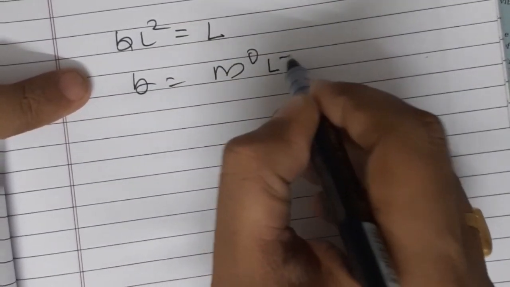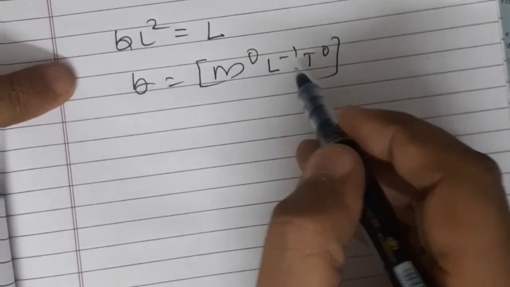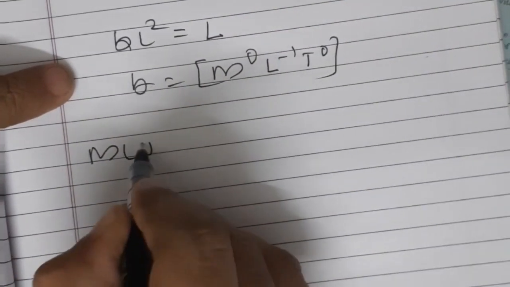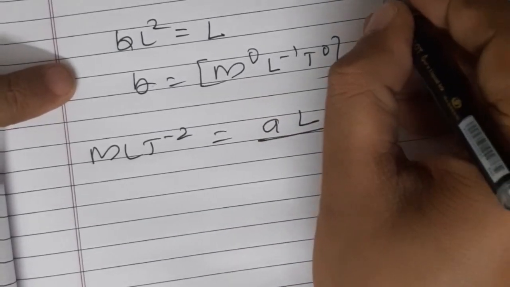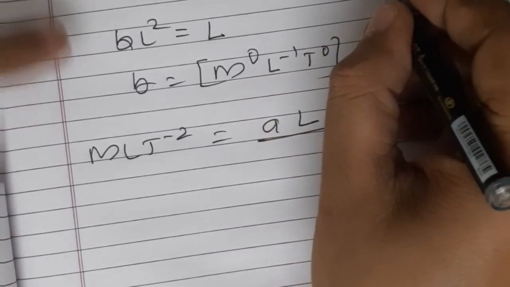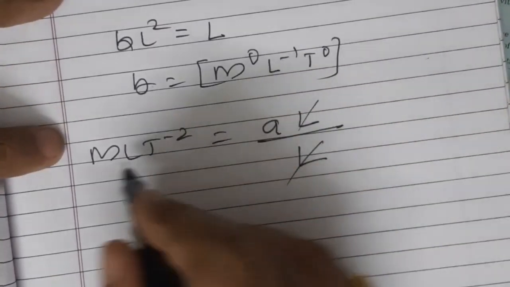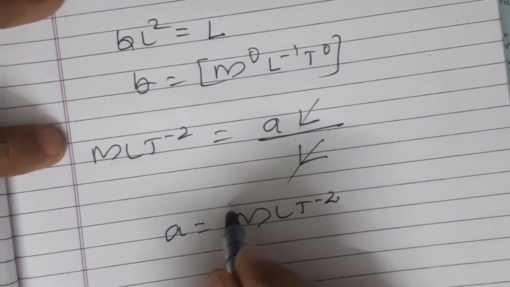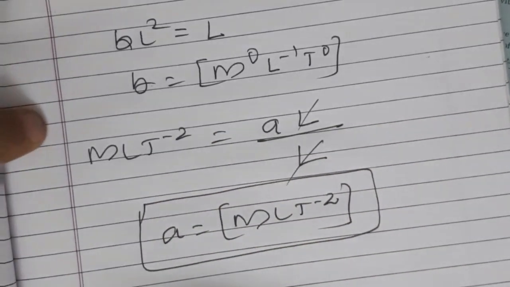So I can write b is equal to M⁰L⁻¹T⁰. So we've got the dimensions of b. Again, from the same equation, I can write MLT⁻² is aL upon, because this is length, this should be length, length minus length is length only. So this L and L will get cancelled out. a will be directly equal to MLT⁻².